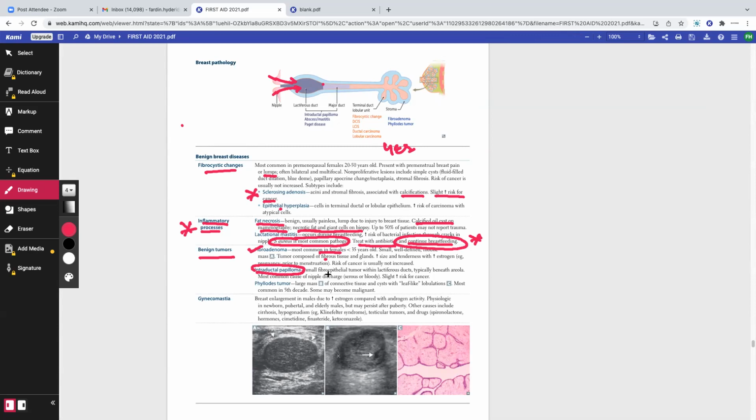So intraductal papillomas, they're also considered to be benign growth. The only problem is that due to wear and tear, this is only a hypothesis. The hypothesis suggests that females get intraductal papilloma because of wear and tear of the duct lining. And this wear and tear of the duct lining results in metaplastic change of the epithelium to papillary epithelium, as simple as that.